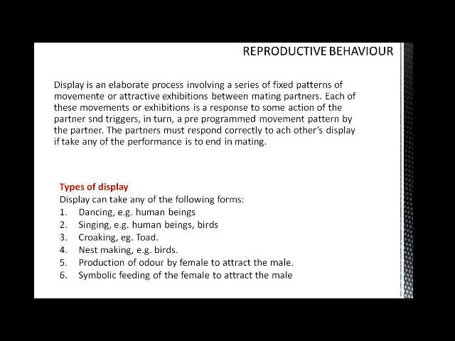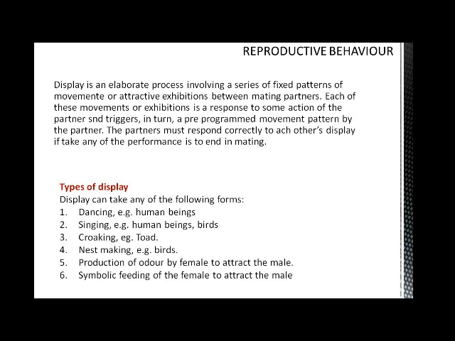Types of display. Display can take any of the following forms. Dancing, in the case of human beings. Sometimes human beings dance as a way to display how they are attracted towards the other partner, and how they need mating at that moment.